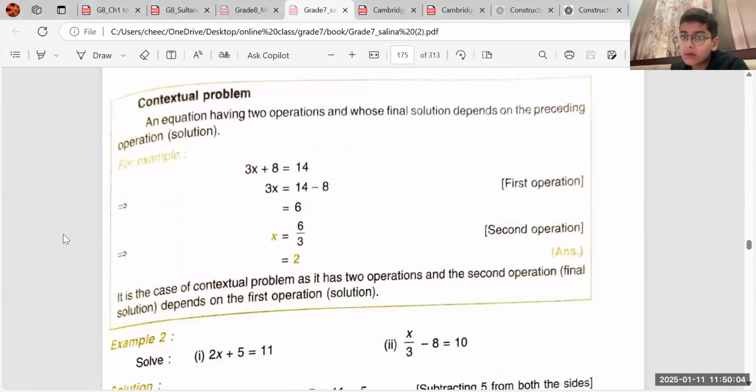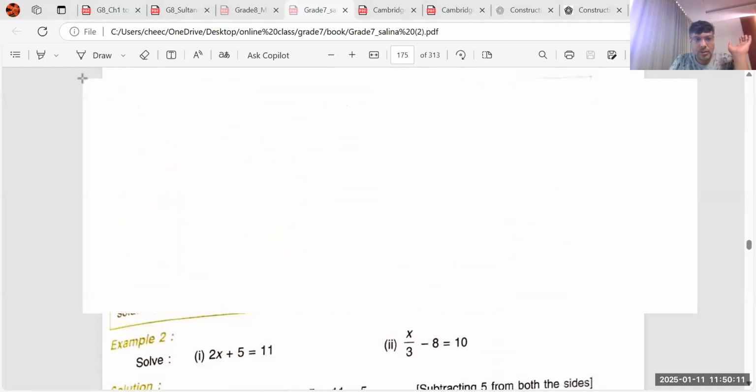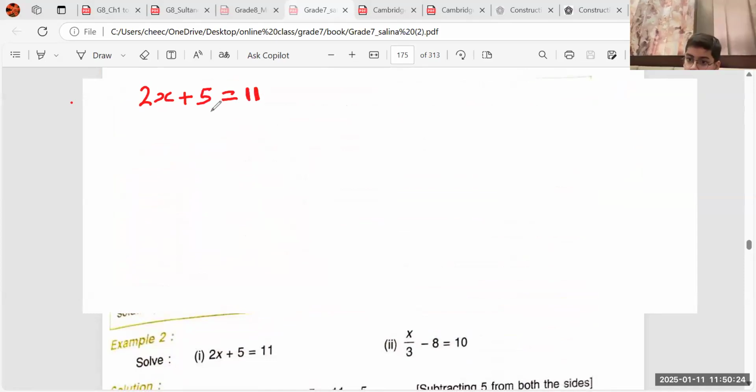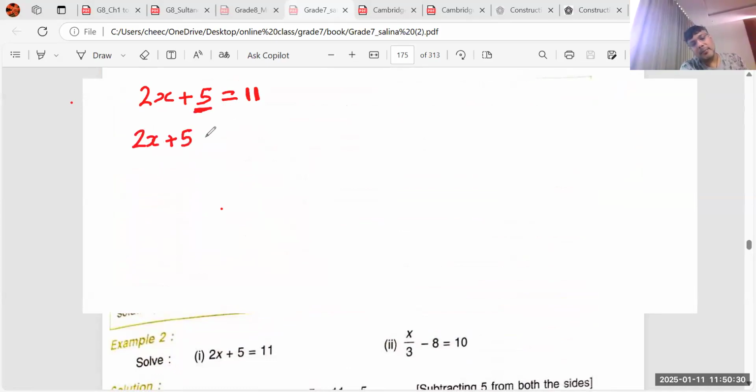Now, how do we do such questions? Let me solve the first one by using this method. 2x plus 5 is equal to 11. First I have to take care of this 5. So I will subtract 5 from both sides. Any doubts in this?